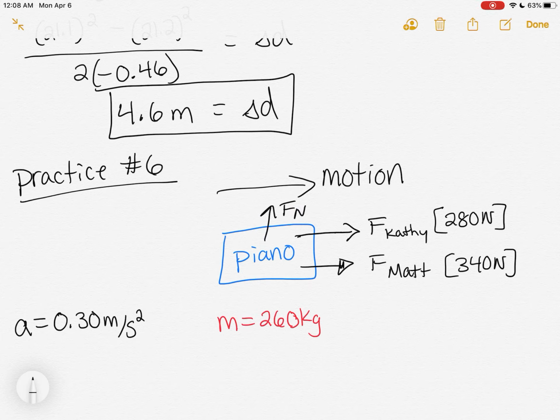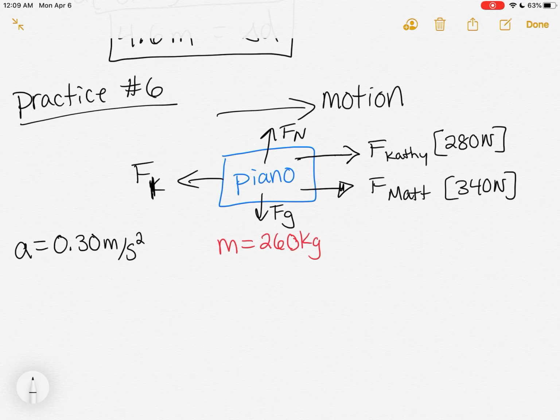So that means that we also have this Fn acting on our piano. We always have Fg, and then we must have this Fk that's acting on our piano as well in the opposite direction for our motion. So we are looking for the coefficient of kinetic friction. So we are going to have to look at that net force happening again on that x-axis.